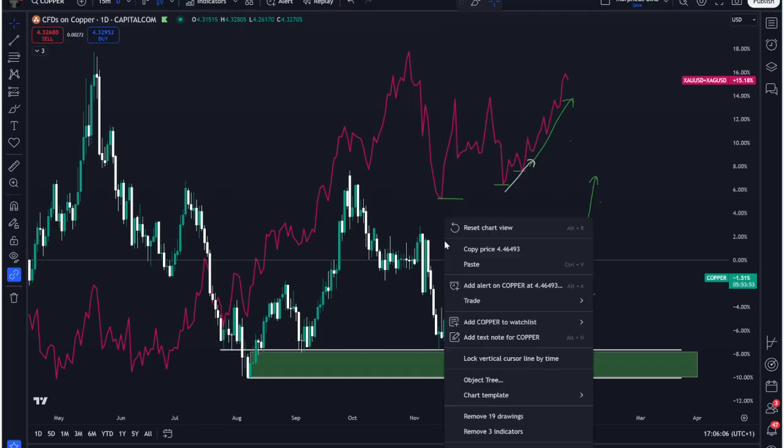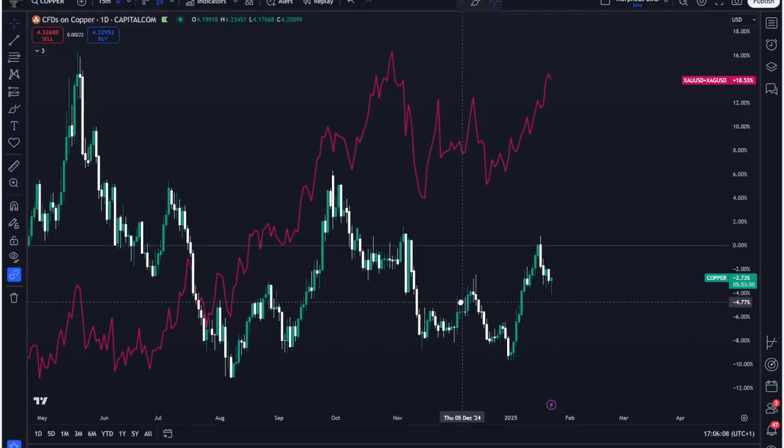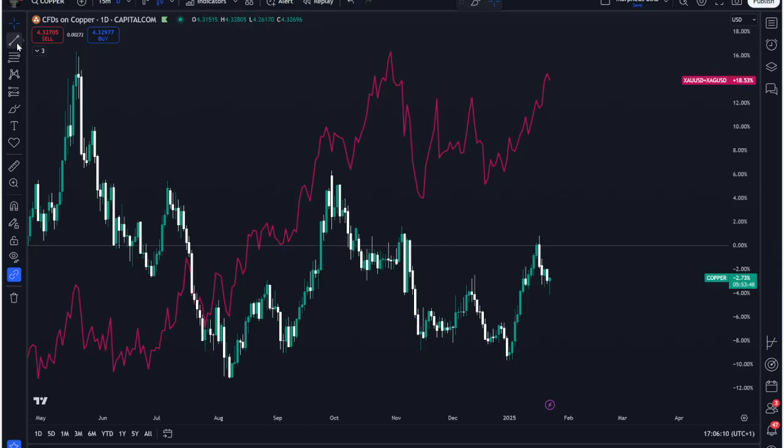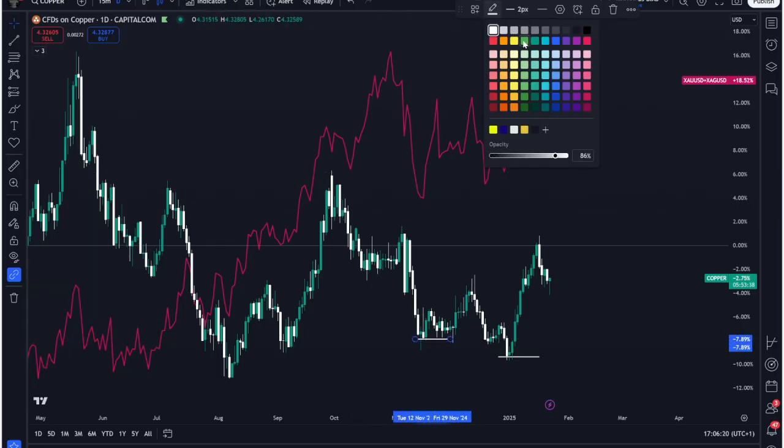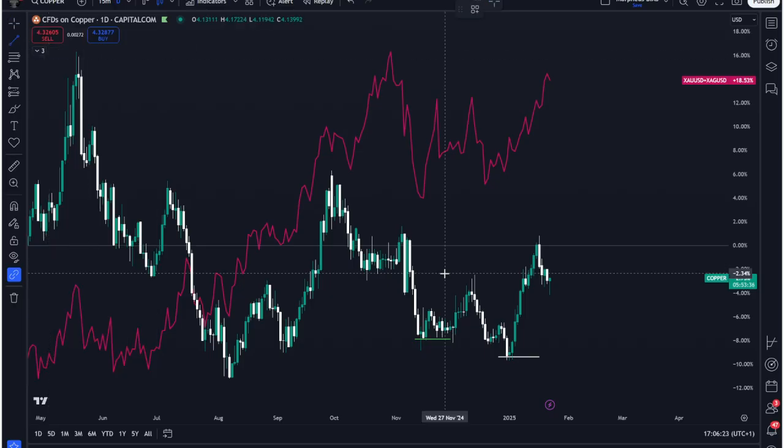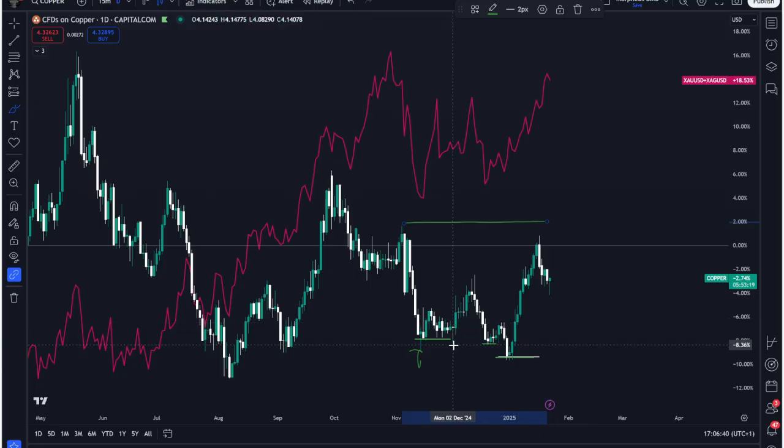And what I want to explain to you is that this kind of trader cannot put their orders here. They will start to load on the asset, fragmenting their position. So, for example, if they start to expect that copper will recover this high, they cannot just enter inside this week.